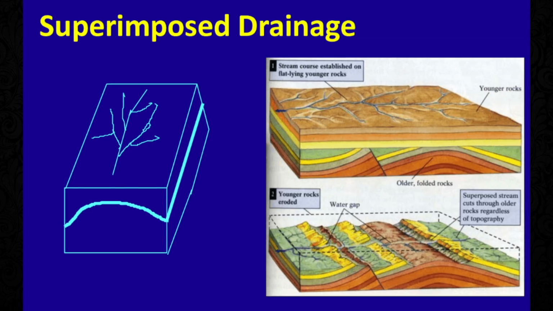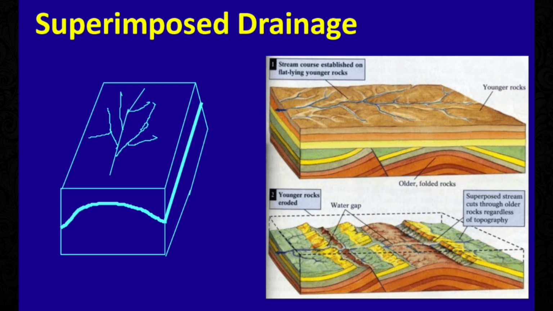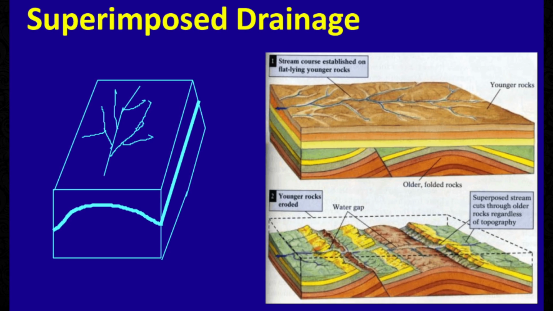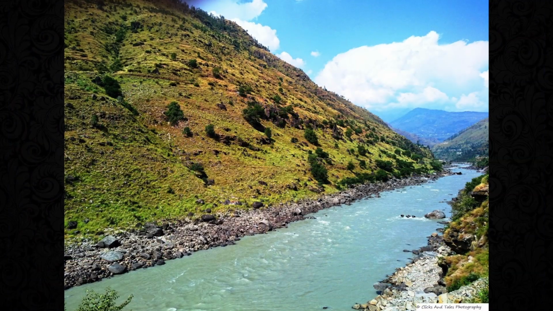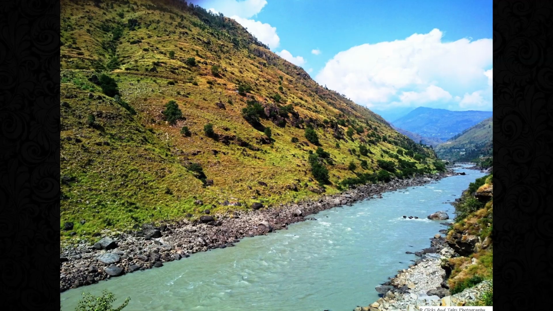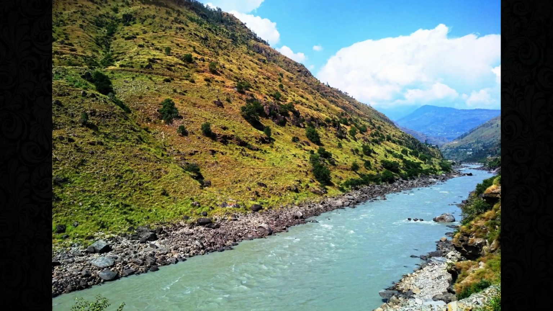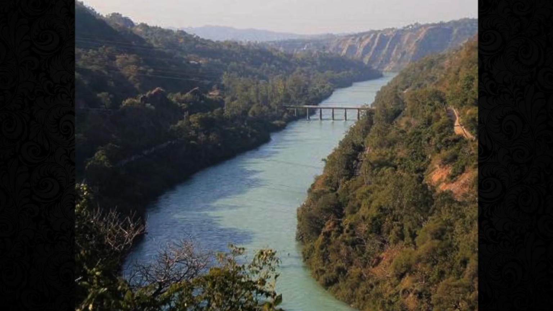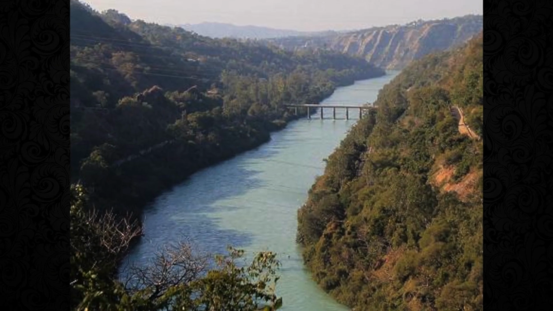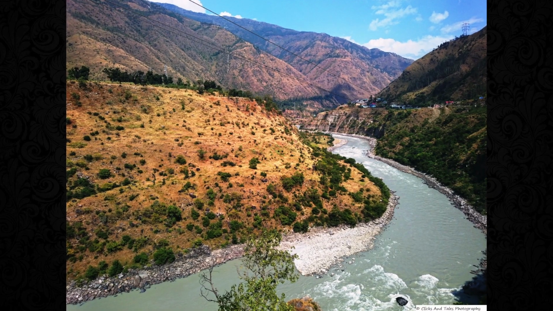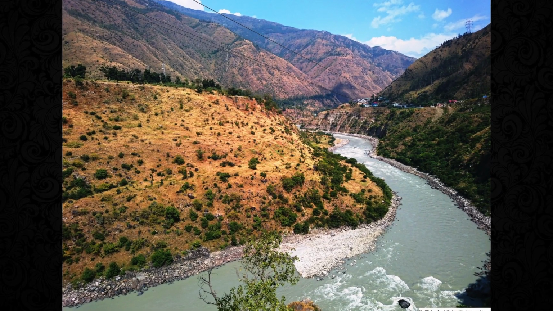A superimposed drainage system is formed when the nature and characteristics of the valleys and the flow direction of the consequent stream developed on the upper geological formation and structure are superimposed on the lower geological formation developed on an entirely different structure.